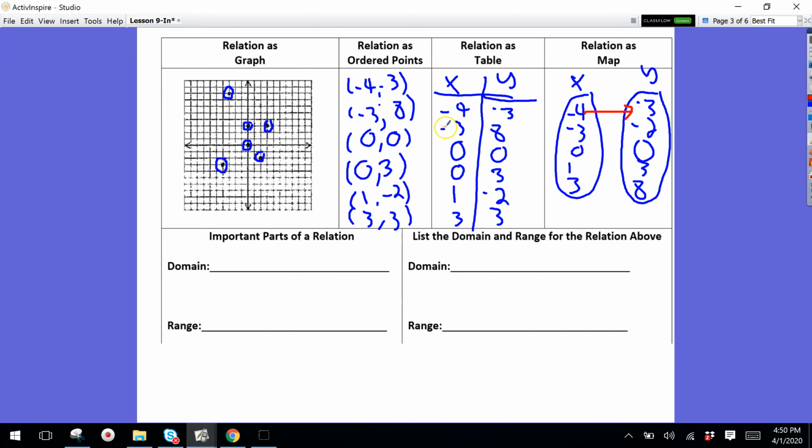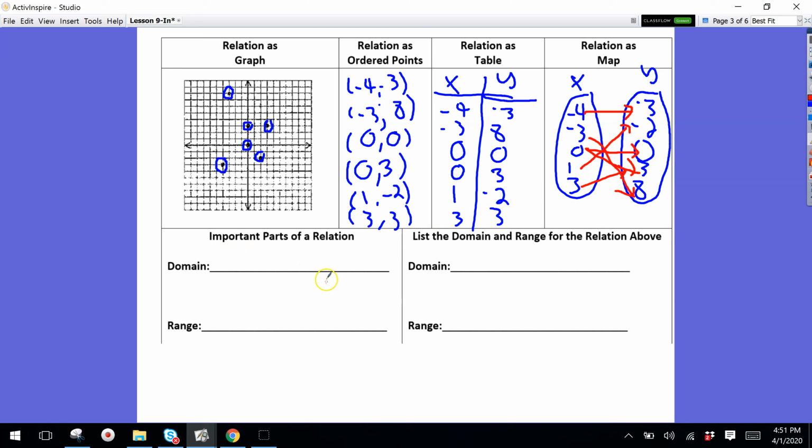Now -3 is mapped to 8. 0 is mapped to 0, but 0 is also mapped to 3. 1 is mapped to -2, and 3 is mapped to 3. If you notice, 0 was mapped to two values, and we had two arrows come out of it.